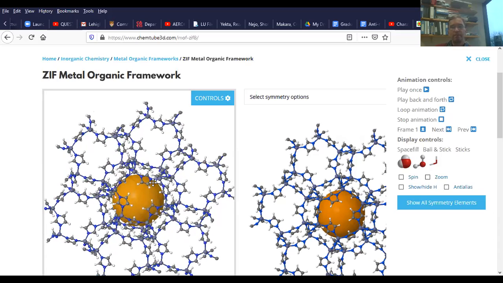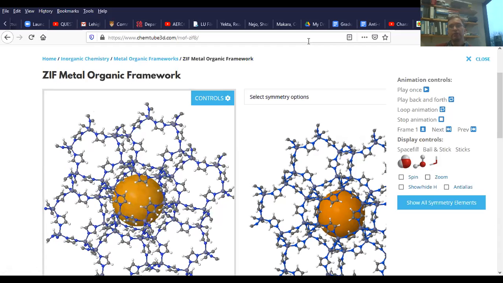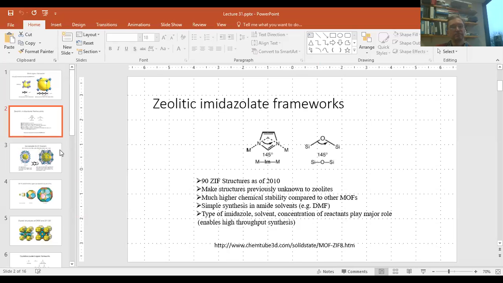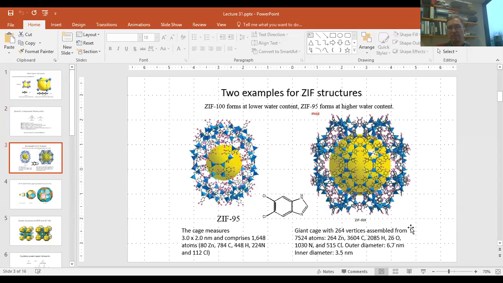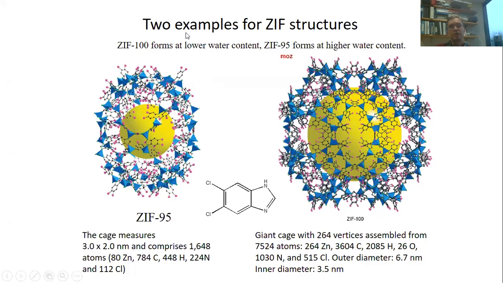All right. So these ZIF structures are actually the structures with the most complex unit cells of all porous materials known. You see here the two record holders. That's ZIF-95 and that is ZIF-100. They both contain this linker here, which is a modified imidazole.